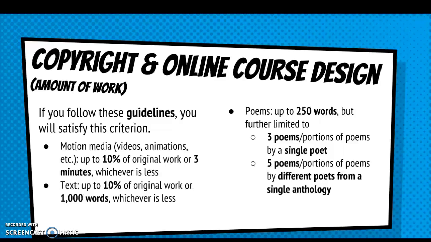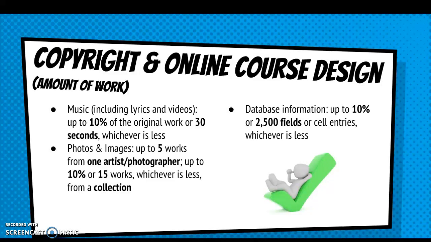There is a word limit of 250, and it's further limited to 3 poems or portions of poems by a single poet, or 5 poems or portions of poems by different poets from a single anthology. Again, you can see here that the 10% rule of thumb generally applies, as we can see it in music, photos and images, and database information as well.